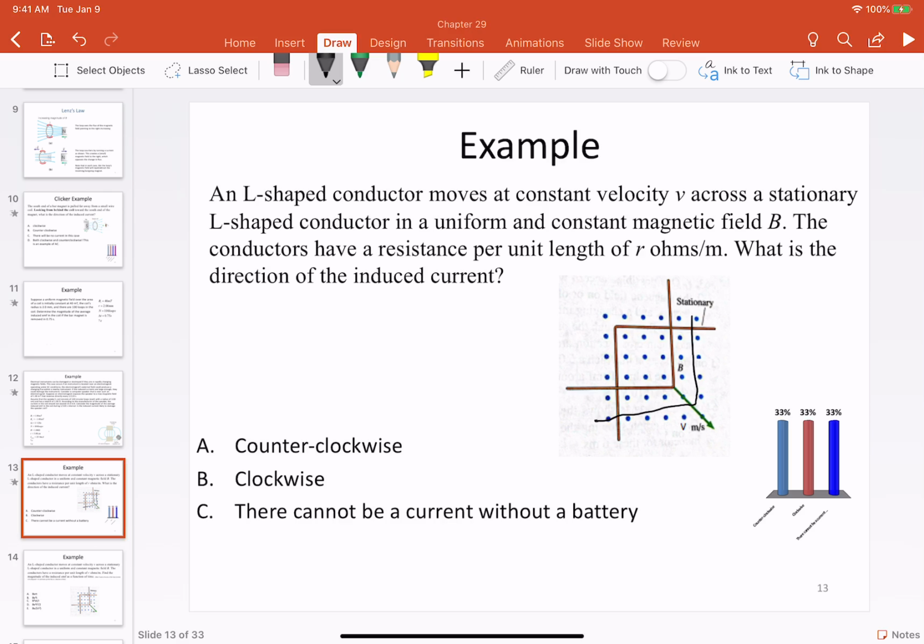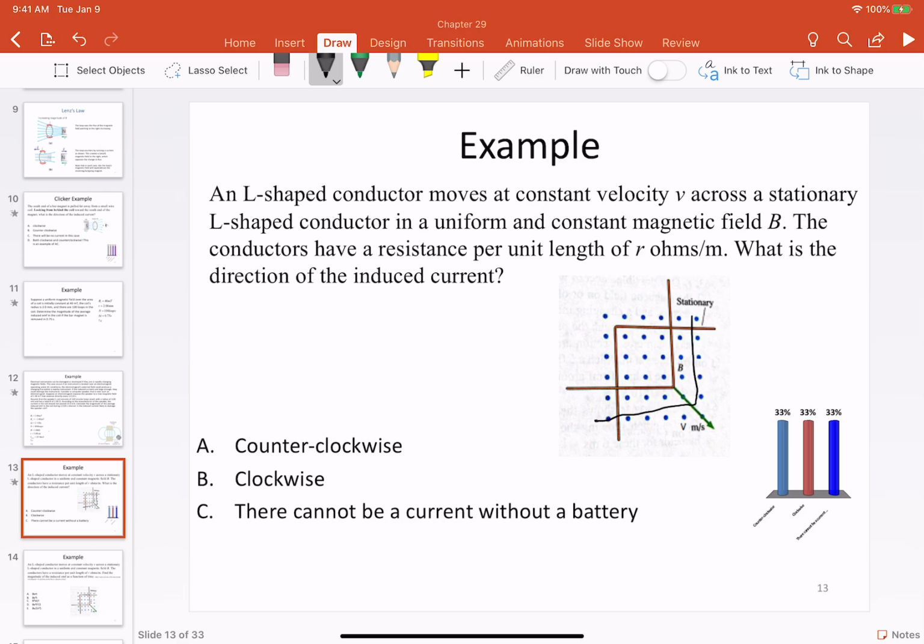So I'll say it again. The loop sees that there is a magnetic field pointed out of the page. The dots mean out of the page, and the flux of that is increasing because the area of the loop is increasing. Remember that flux depends on the magnetic field, the area, and theta, right? So here A is increasing, and so the flux is increasing, and the loop's goal right now is to counteract that increase of flux.